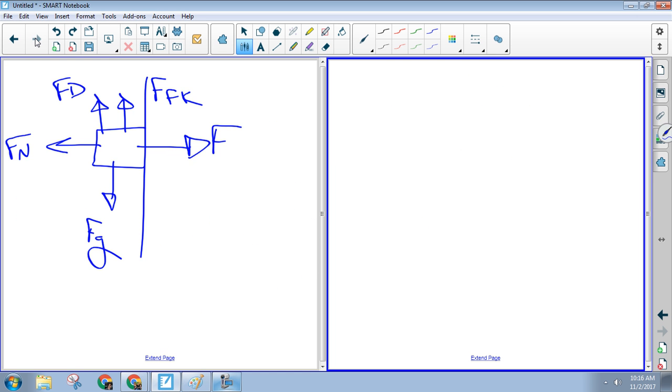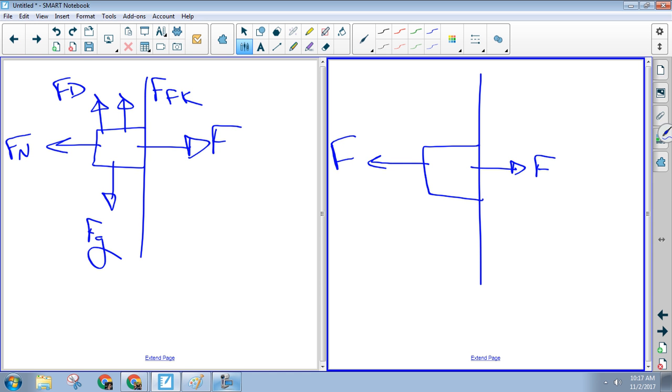All right, now let's do it again, but with names. F is F. How big is my normal force? F. Right? Why? Because it's not moving horizontally. Good? Fg becomes negative mg. Good.